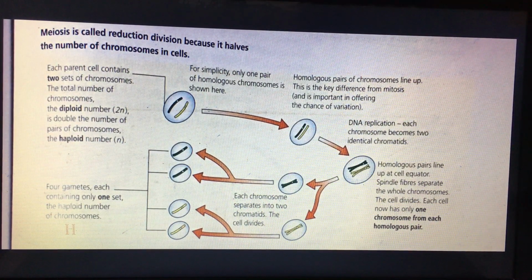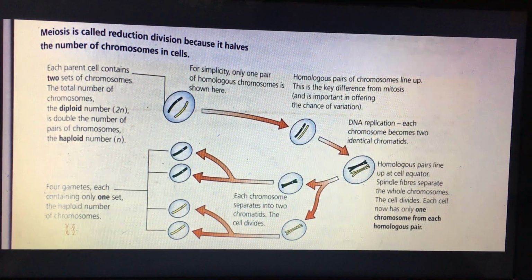But in mitosis, the DNA is replicated directly. Here, they line up before replication. So here they wrote that this is the key difference from mitosis. And you have to know that this step is very important in offering the chance of variation.